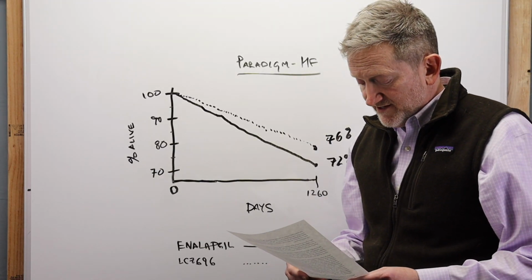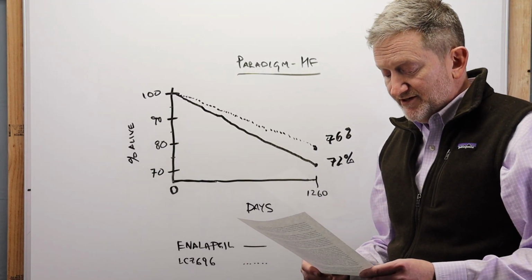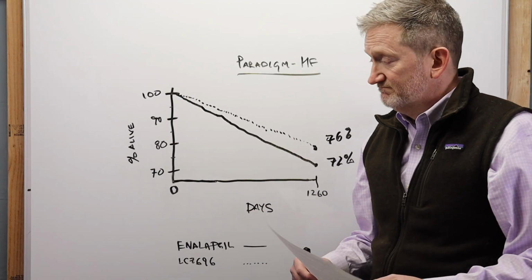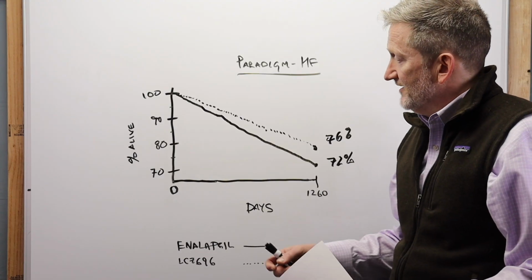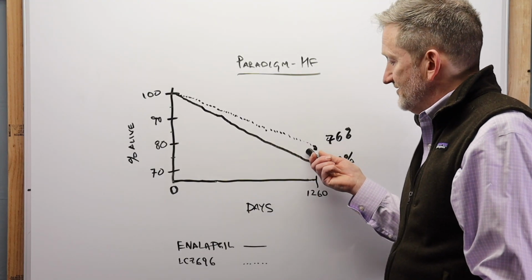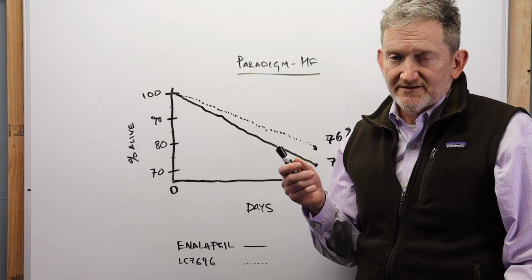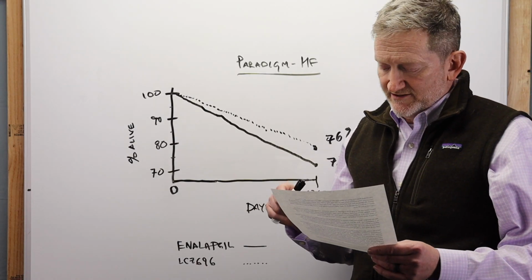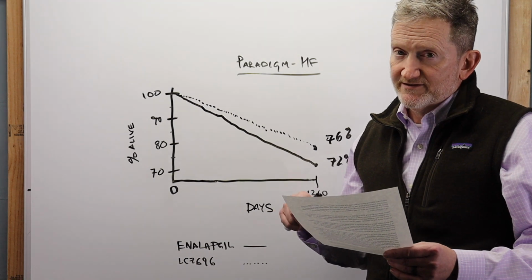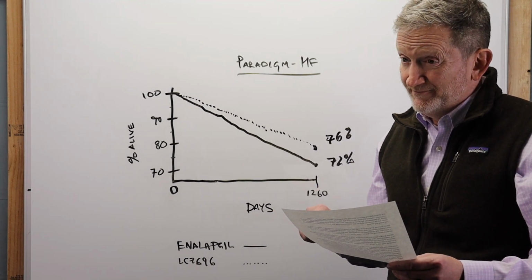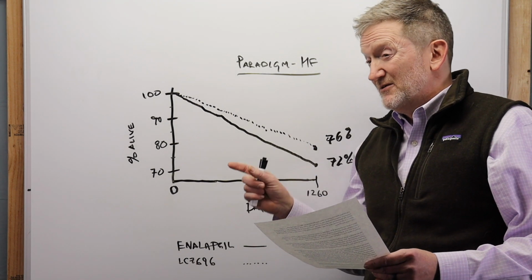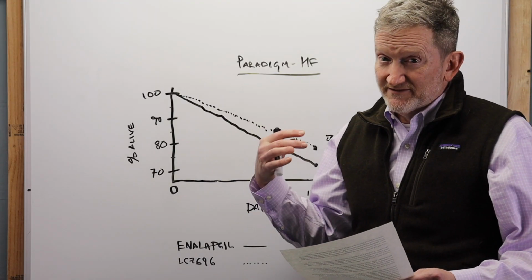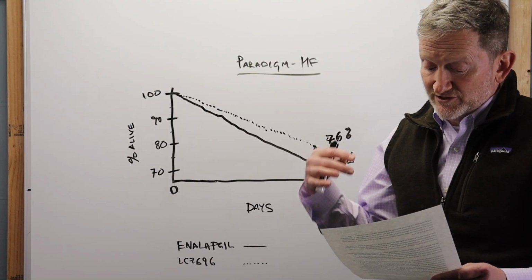Their daily risk of dying was 1 in 3,836. Okay. What about the patients who took LCZ 696? Their individual daily risk was 1 in 4,591. A bigger number, but since it's 1 over that number, their daily risk of dying was actually lower.